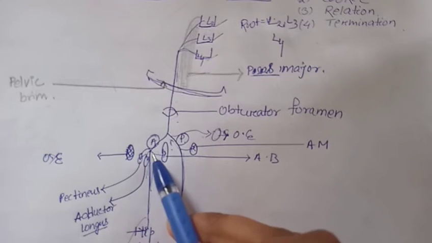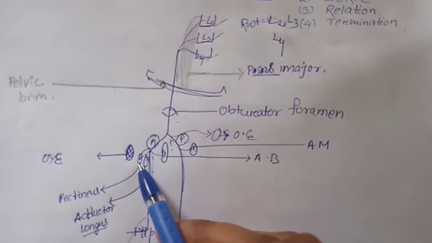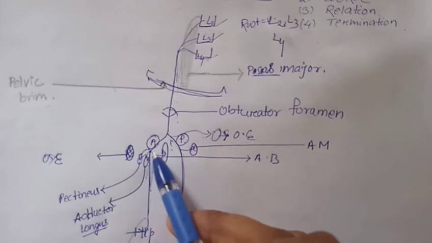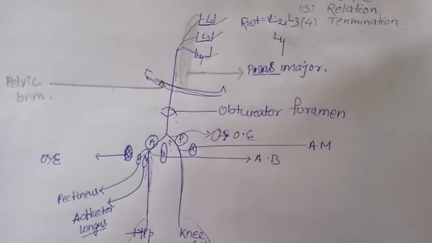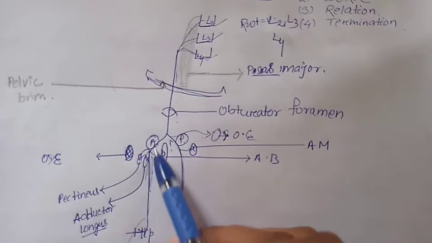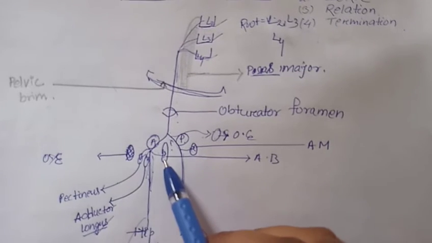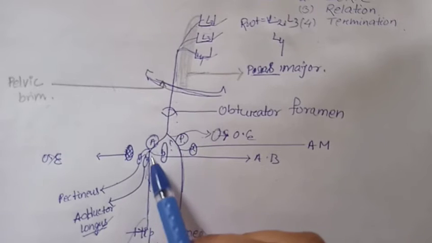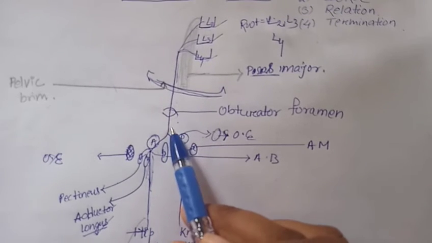The muscular supply of the anterior division: the muscles supplied by this anterior division are pectineus, adductor longus and adductor brevis, which lie in relation to the anterior division and the posterior division of the obturator nerve.